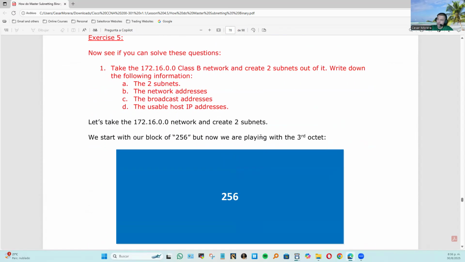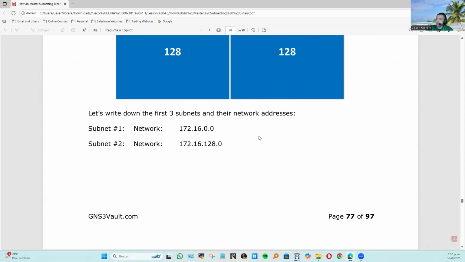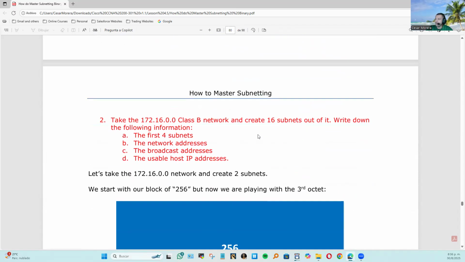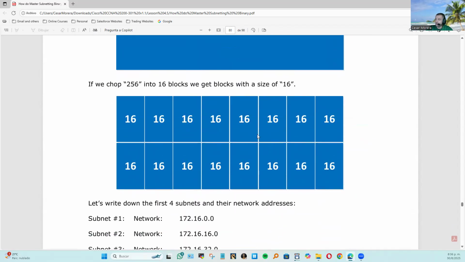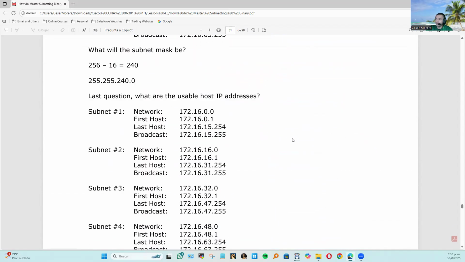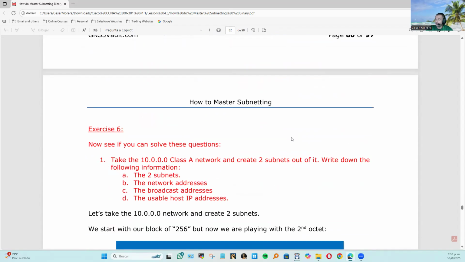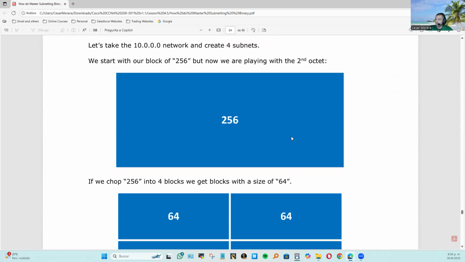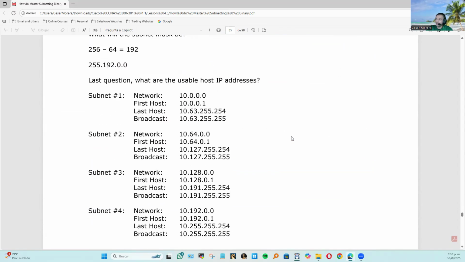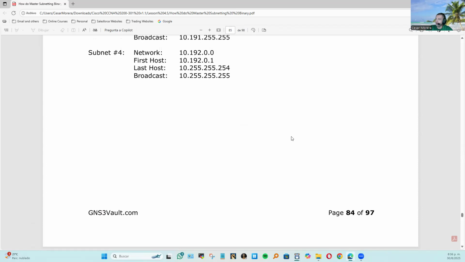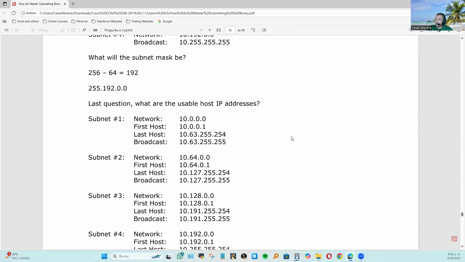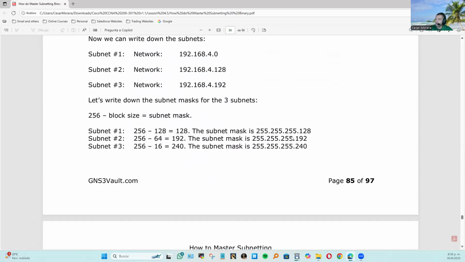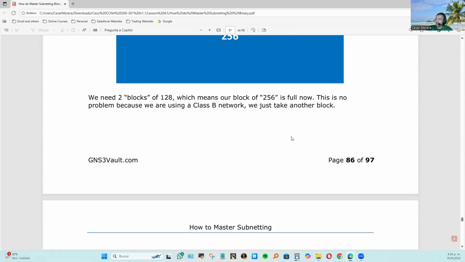Now, I will show you an easier way to do this VLSM later on in this course, which is with a calculator, but you have to learn both ways, this way and the VLSM calculator, in order to be fully prepared for real life examples. Now, it's actually practice. If you can take your notebook and just use your pencil, your eraser, your pen, and do these conversions by hand, it will be essential for your CCNA studies.